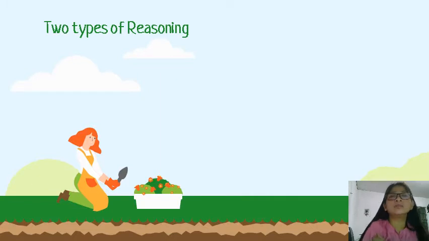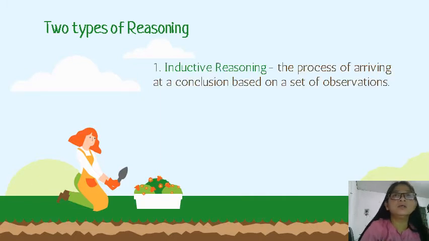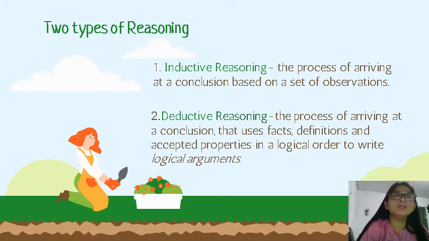There are two types of reasoning. Number one, we have inductive reasoning, the process of arriving at a conclusion based on a set of observations. And then we have deductive reasoning, the process of arriving at a conclusion that uses facts, definitions, and accepted properties in a logical order to write logical arguments.